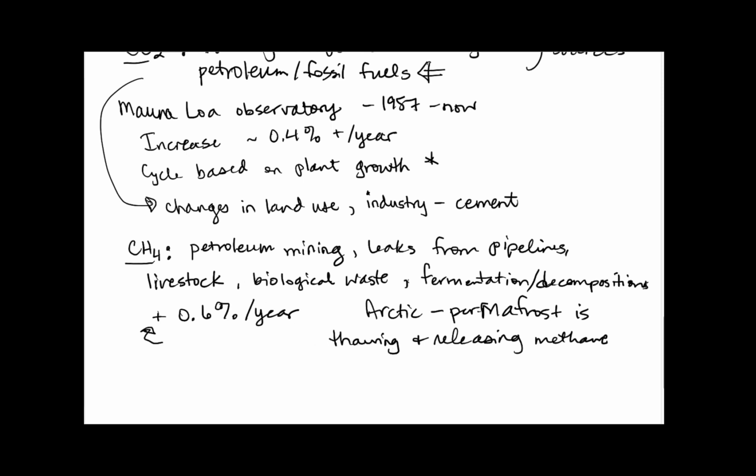This also can create a positive feedback loop with the permafrost melting, right? Because as the permafrost thaws and releases the methane, this is going to warm the atmosphere more, which is going to melt the permafrost more effectively, and so on. So that's another possible feedback loop.